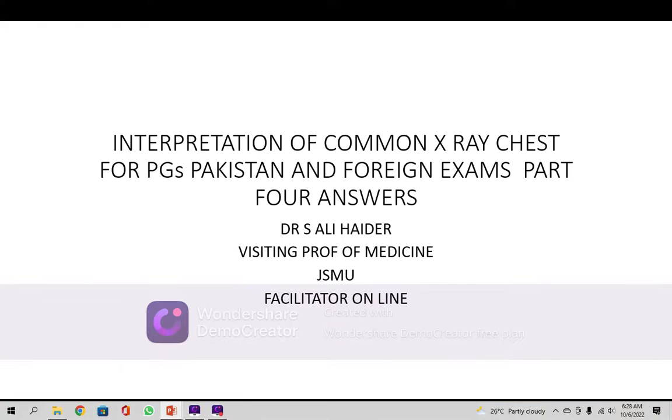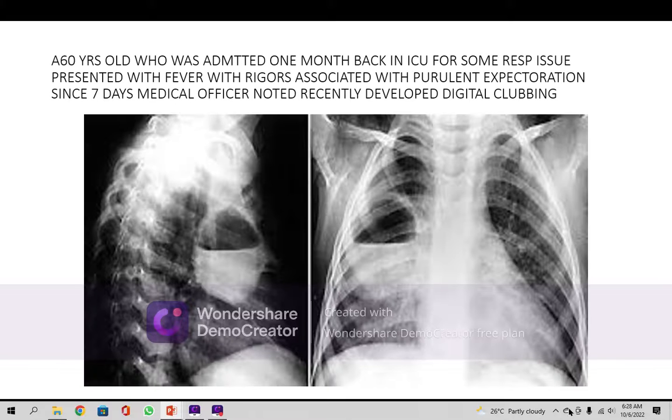A 60-year-old who was admitted 1 month back in ICU for some respiratory issue, presented with a fever, with rigors, and associated with purulent expectoration since 7 days. History is 7 days now.